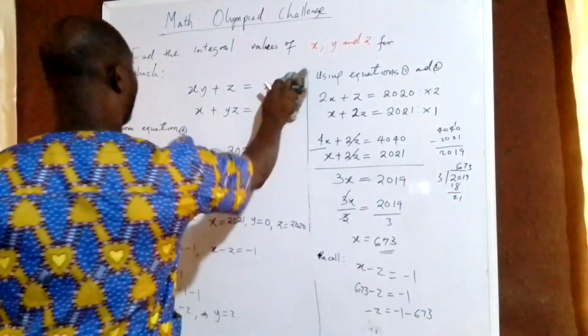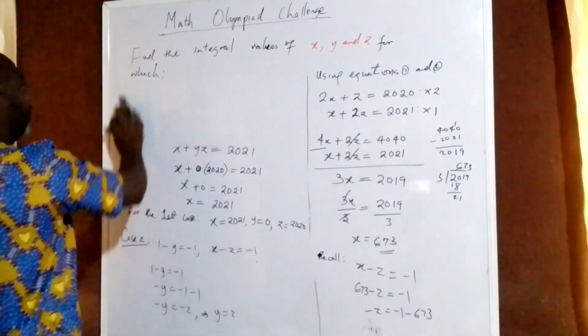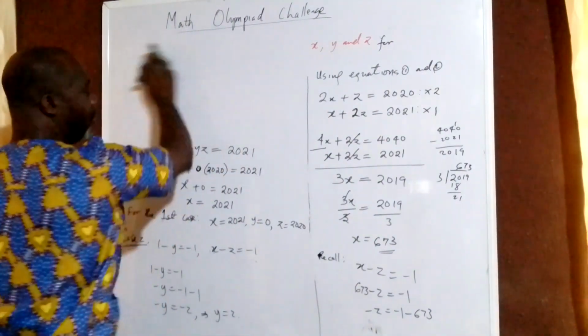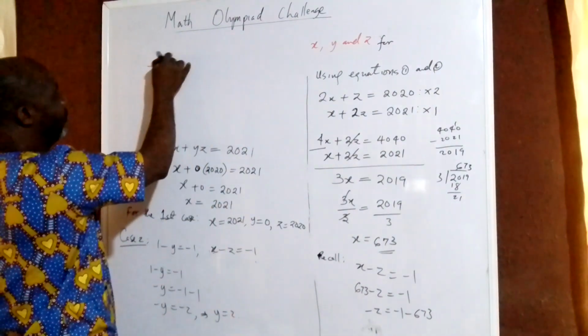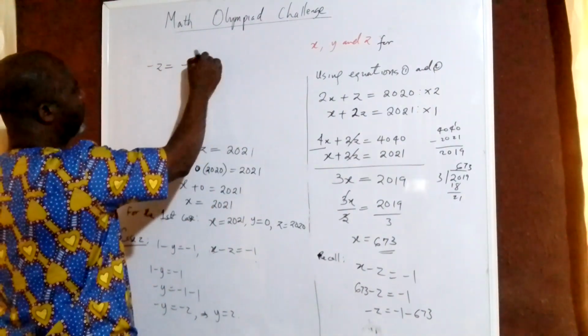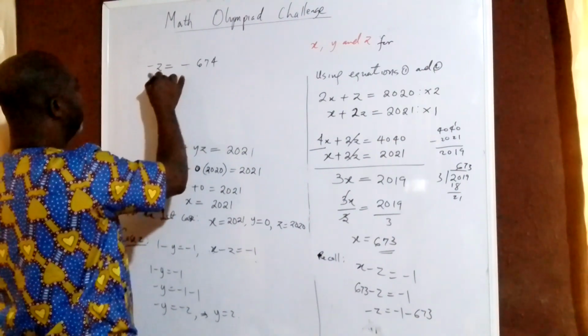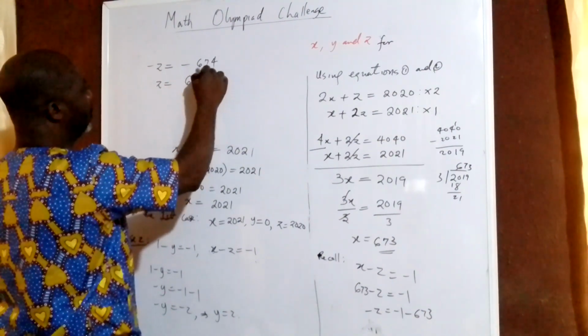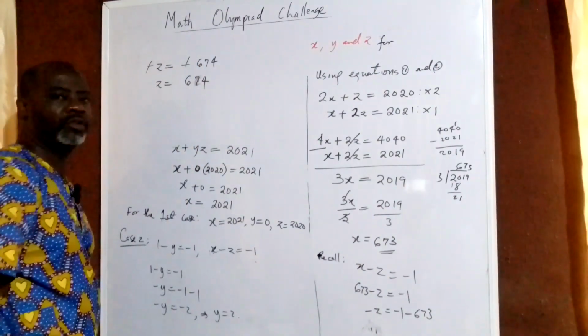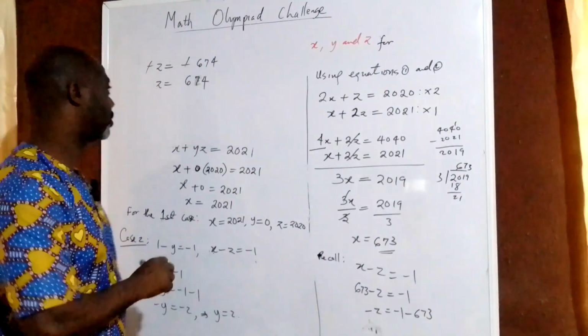From that, we are going to get minus z equal to minus 674. So z will be 674, since minus and minus from both sides cancel out each other.